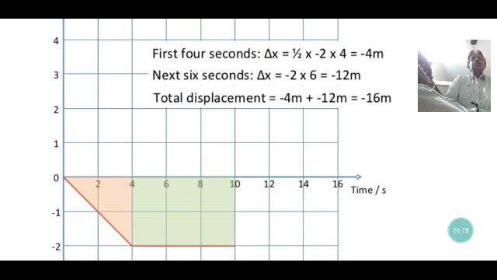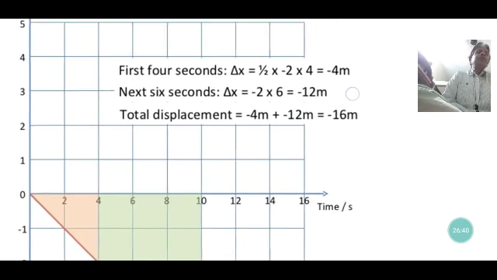Now the total displacement becomes minus 16 meters, so the object is moving in the opposite direction, not in the positive direction. So the displacement becomes negative here.